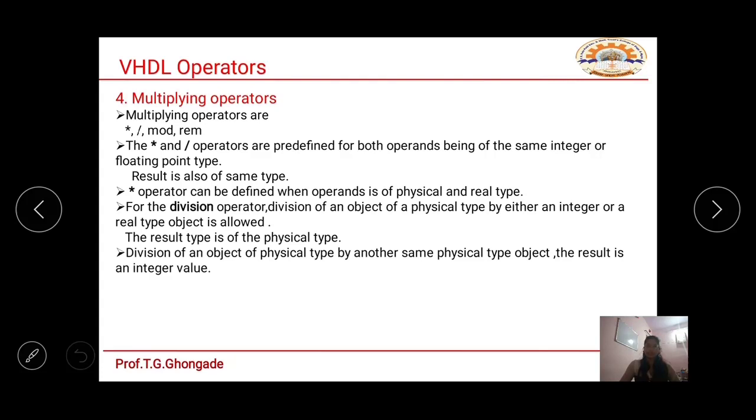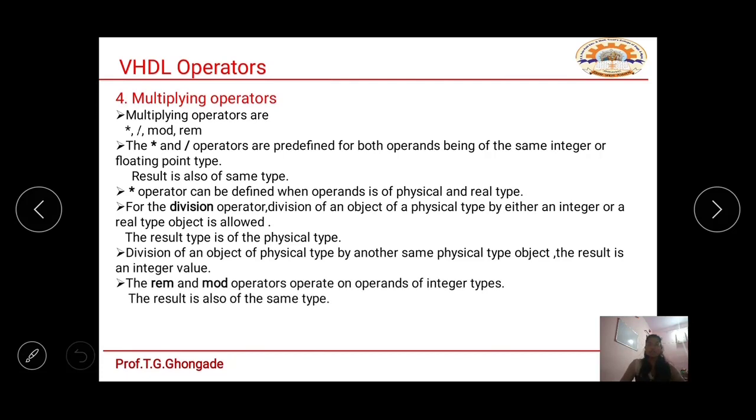Okay, and the next important point is that the remainder and modulus operators operate on operands of only integer type, and the result is also of the same type.